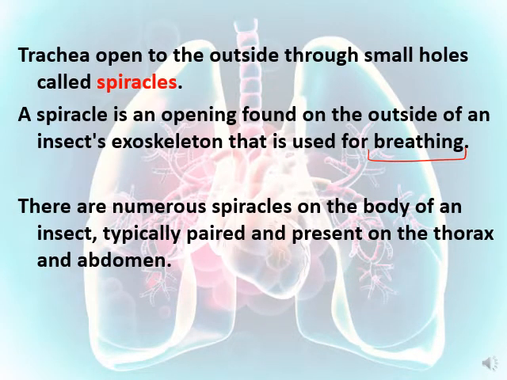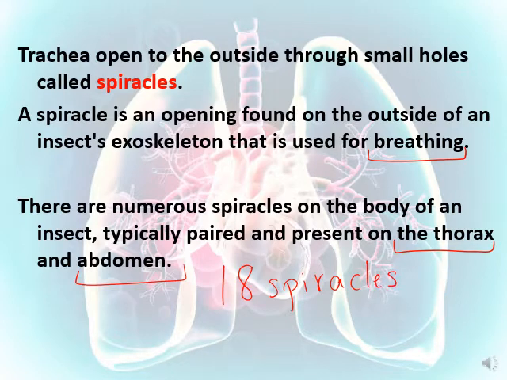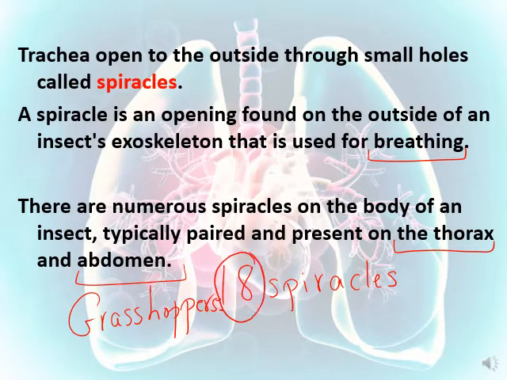We have many spiracles on the body of an insect. They are paired and present on the thorax and on the abdomen. So you have to know that grasshoppers have 18 spiracles, 9 to a side.